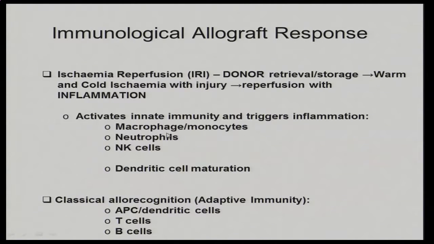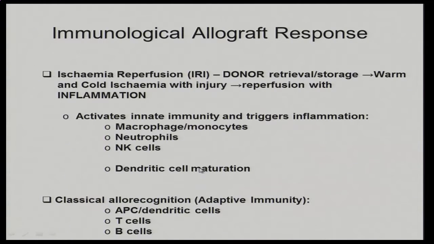That then activates the innate immune system and triggers inflammation, which involves macrophages, neutrophils, and NK cells, and also leads to dendritic cell, antigen presenting cell maturation. I'll show you how that happens.